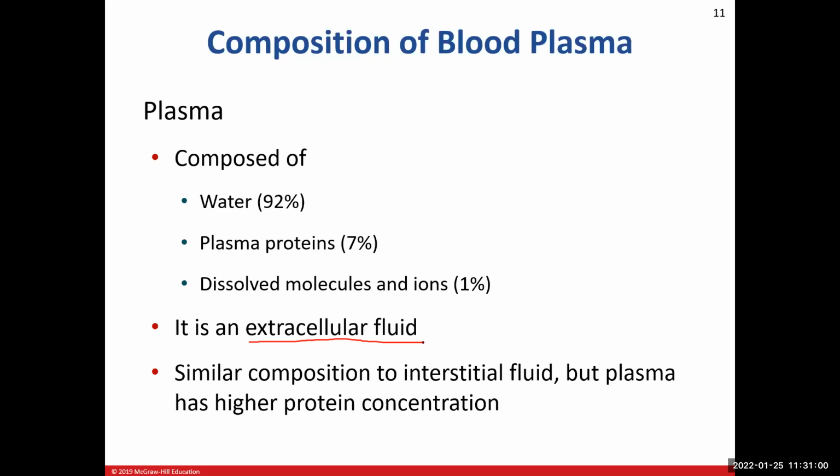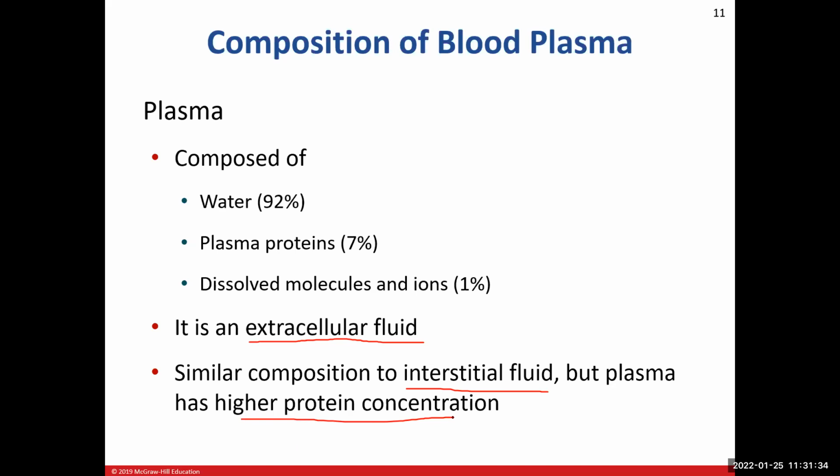But then also there's another compartment, and that's our circulatory system. And so that's what we're drawing the blood from. And it's considered to be the extracellular fluid because it's outside the cells. Like I said, it's similar to the interstitial fluid, except we're actually in the circulatory system here. So when we're talking about the plasma here, our plasma will have a higher protein concentration.